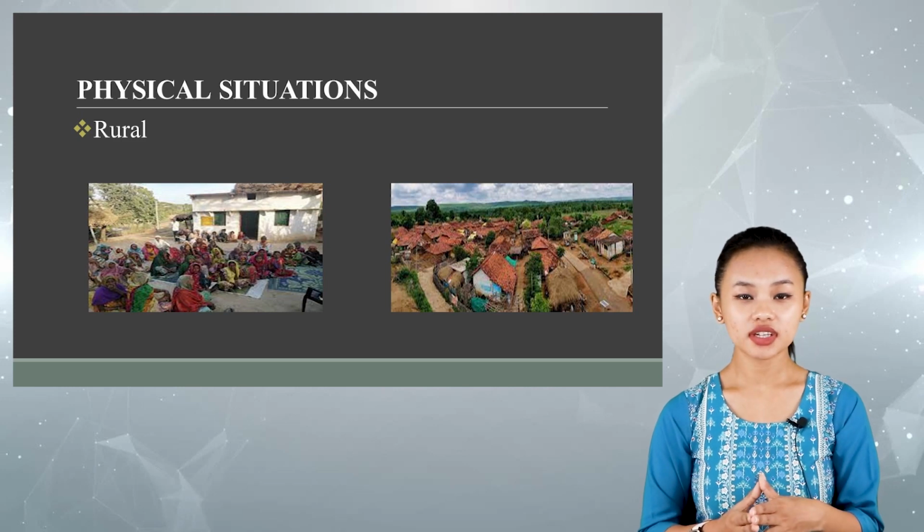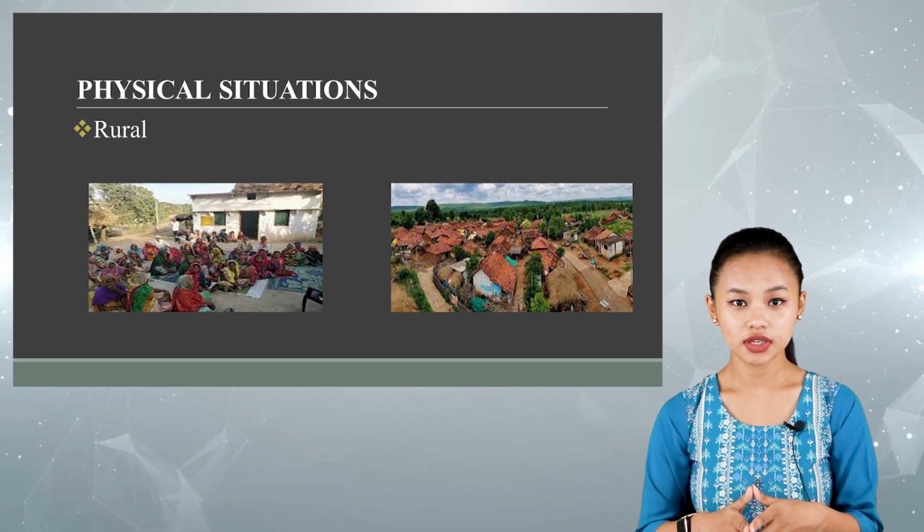It includes the age group, the sex, the physiological state of a person, the genetic factor, as well as other health conditions. Now, moving on to the second situation, which is the physical situation.